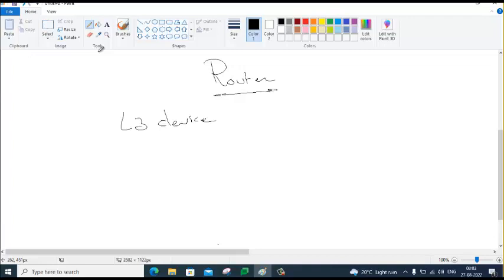A switch by default has got only one broadcast domain, while creating VLANs you create more broadcast domains. But on routers, by default, every port will be in a different broadcast domain. Every router port belongs to a different network, which means each network is a separate broadcast domain, a separate layer 2 domain. Broadcast domain and layer 2 domain are all the same. So each router port has got a broadcast domain.